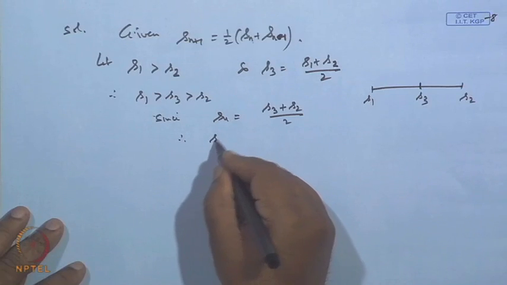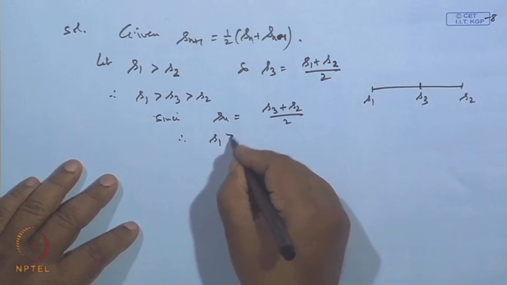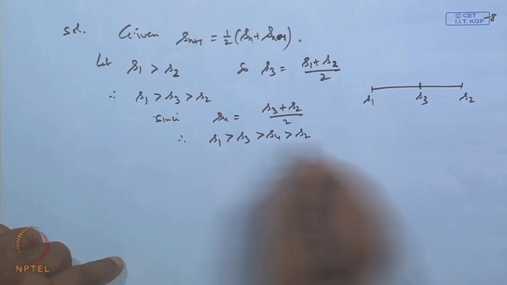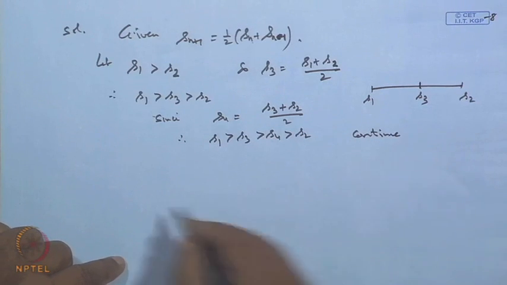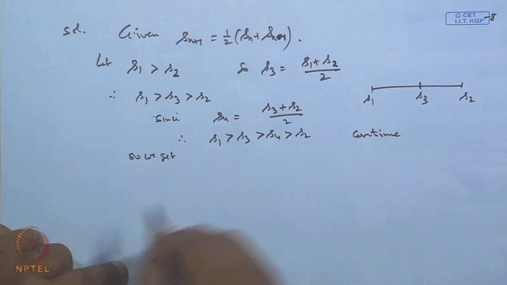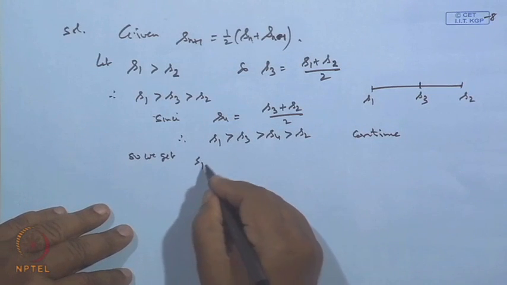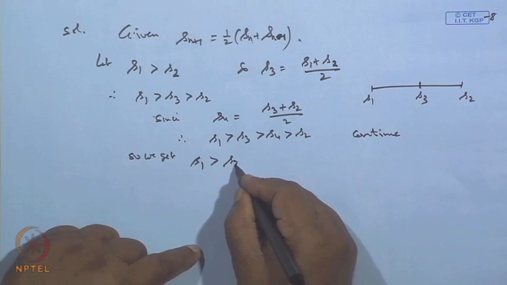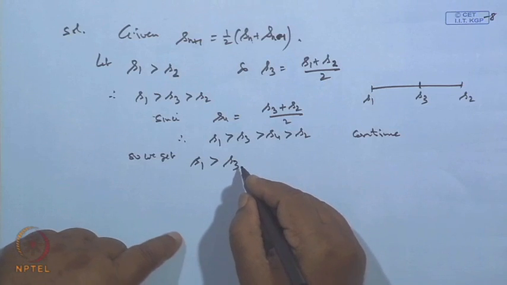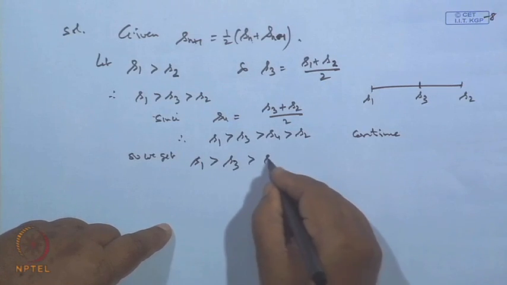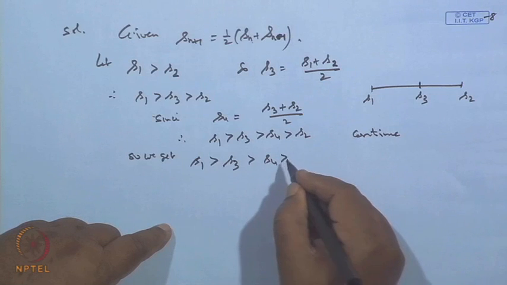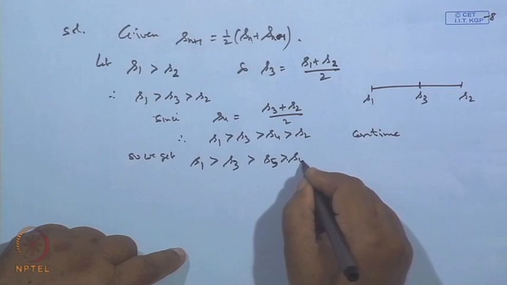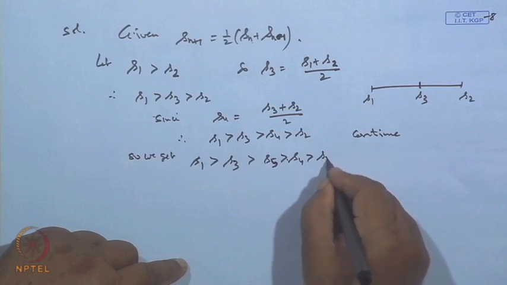So, we get S1 greater than S3 greater than S4 greater than S2, and it continues like this.